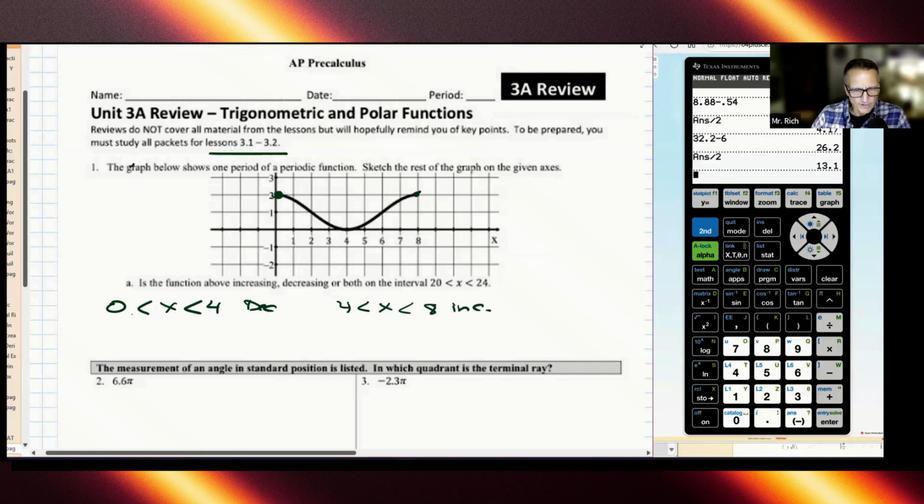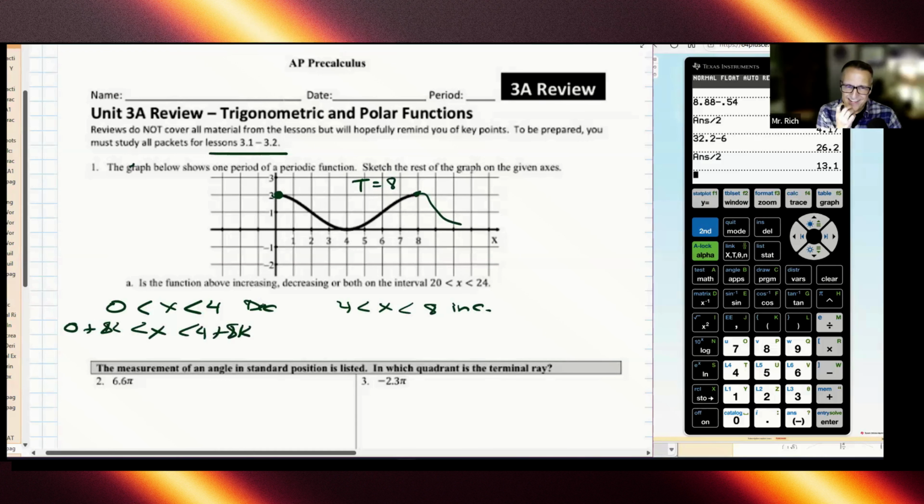Well, if I know that it is decreasing from 0 to 4, then every period after this, it does it again, so I could say 0 plus 8, because the period is 8. So from 0 plus 8K to 4 plus 8K.